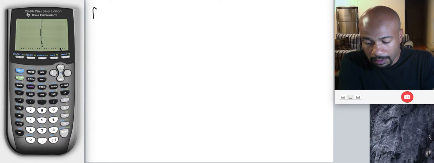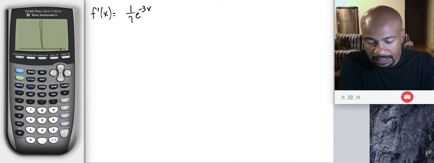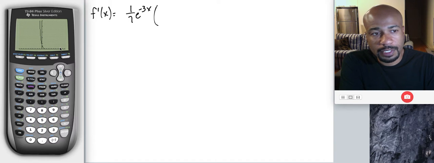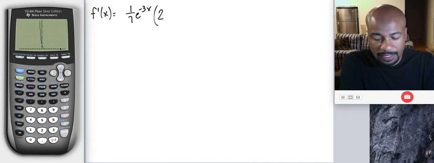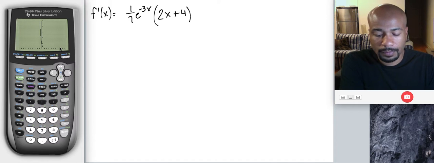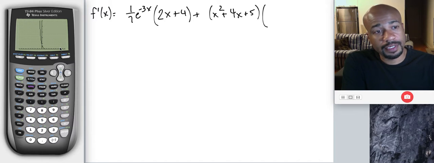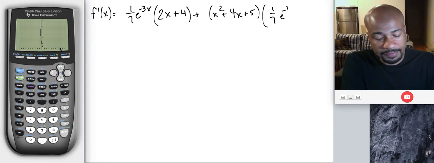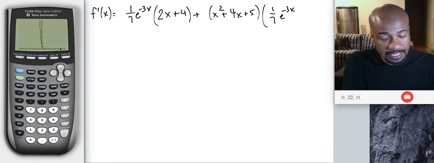So f prime of x is equal to 1/7 e to the negative 3x times the derivative of x squared plus 4x plus 5, that's going to be 2x plus 4, plus the actual second function, x squared plus 4x plus 5, times the derivative of the first. So that's 1/7 e to the negative 3x. Because of the chain rule, I have to take care of taking the derivative of the actual exponent. So the derivative of negative 3x is equal to negative 3.